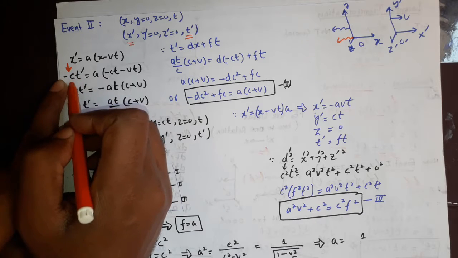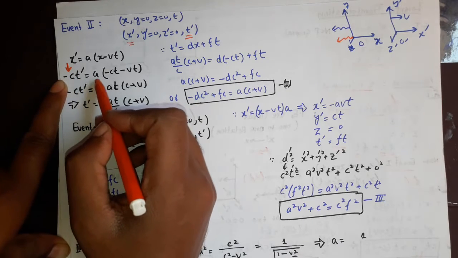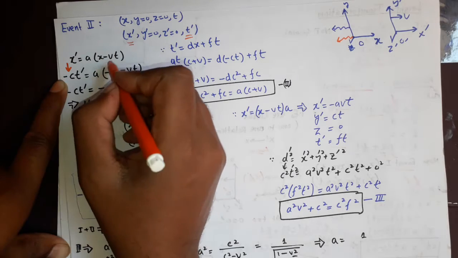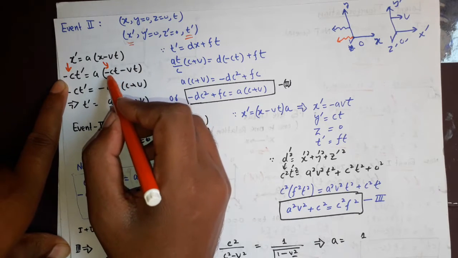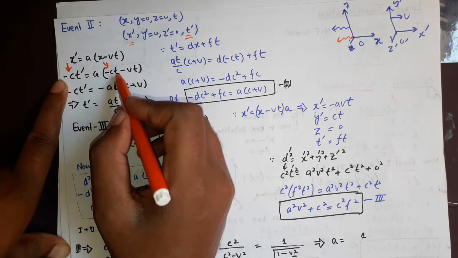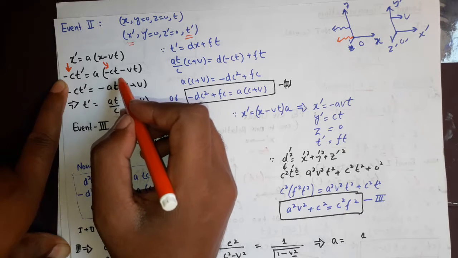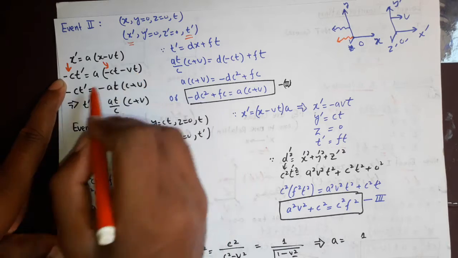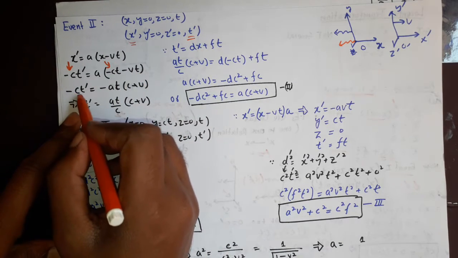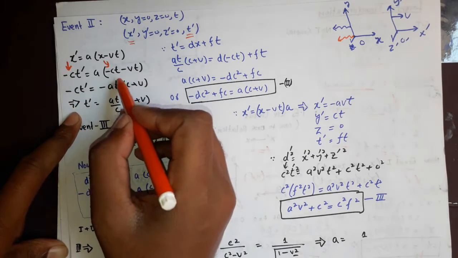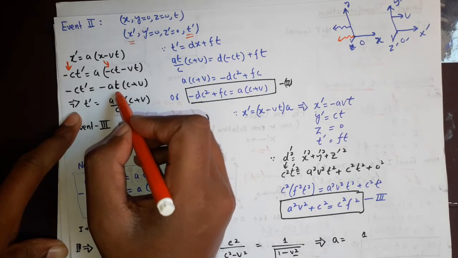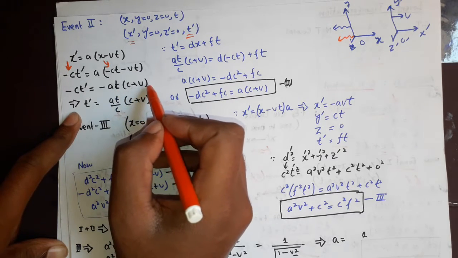So this is equal to a as it is, and in the S frame x gives us minus c into t, where ct is the distance covered in the S frame, minus vt as it is. So this gives me minus c t prime is equal to, and you can take t out, minus a times t times c plus v.